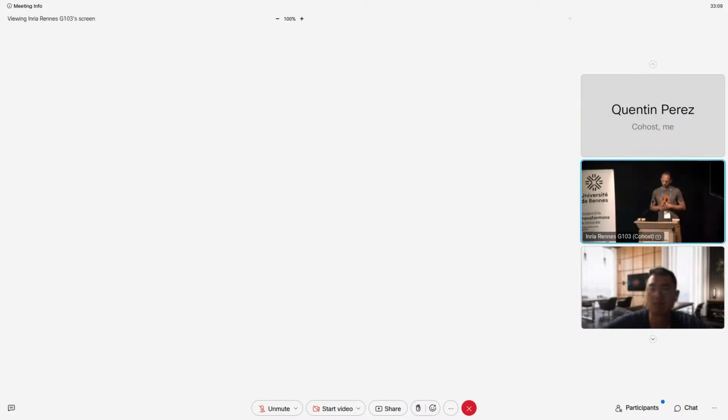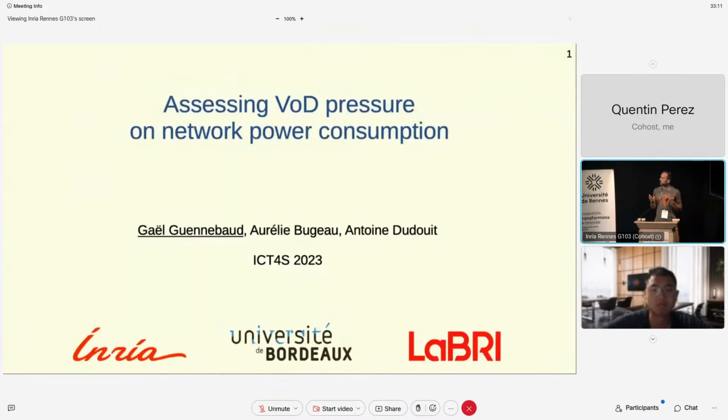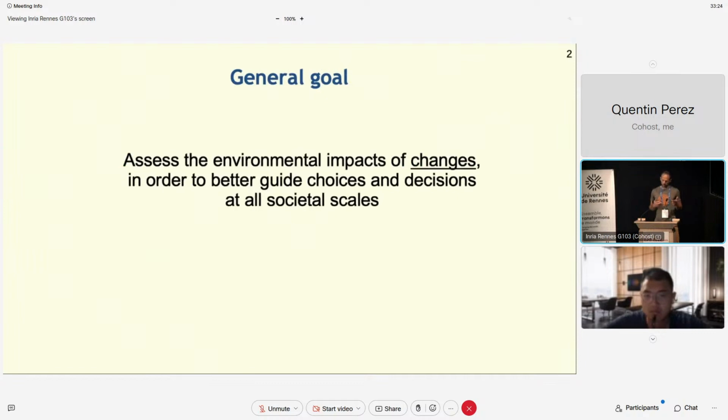Actually, today in this talk, I'm not going to talk much about nasty technical details and network details, but I will rather use it as an excuse to discuss more general methodological concerns. So our more general goal here is to design methods and tools to assess the environmental impact of changes or actions or rules in order to better guide societal choices at the different scales.